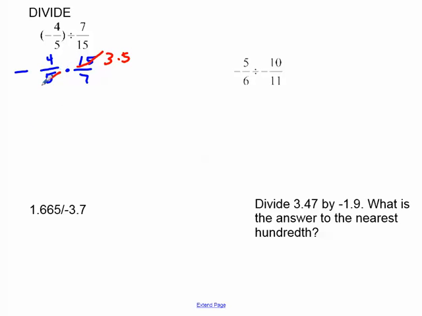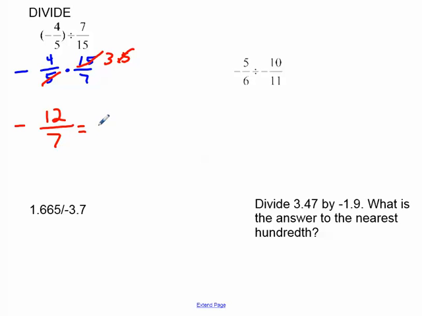And now I realize that 5 cancels with 5. 5 divided by 5 is 1, so that cancels out. I've got 4 times 3, and 7 doesn't cancel with either one, because 7 is prime and there's no 7 in 4. The entire answer is negative. 4 times 3 is 12 in my numerator, 1 times 7 is 7, and there's the answer, negative 12 sevenths.